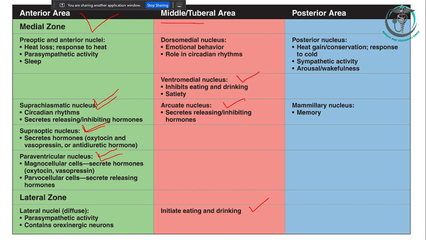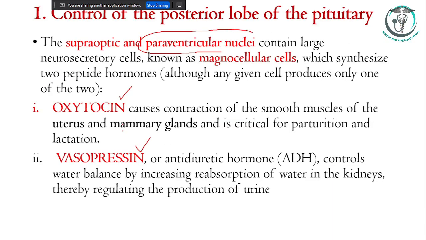If you go back to this diagram or table here, I ticked this one and this one. They will secrete oxytocin and vasopressin. We are talking about the posterior pituitary gland, and these are the only hormones you ever see on the posterior pituitary gland: oxytocin and vasopressin.